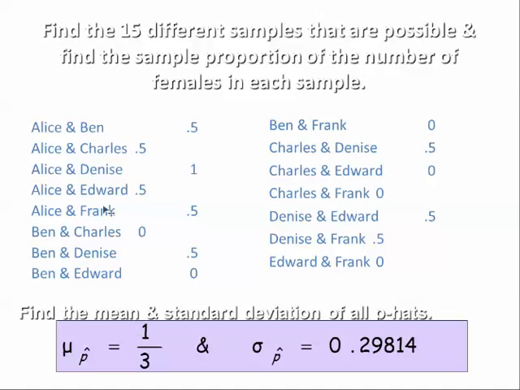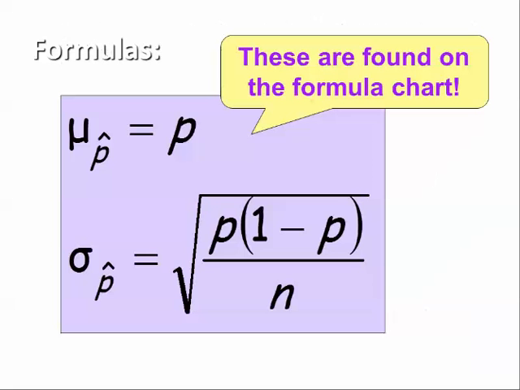You can see that just by this little example, that if we use a sample, we can predict what the whole population is going to be. That's how we do some of the work we're going to be doing in statistics, okay? So mu of p hat is equal to P. That's the way that works every single time, okay?